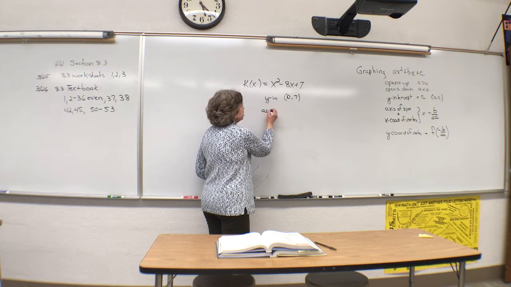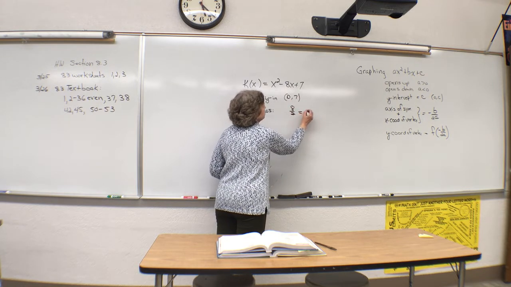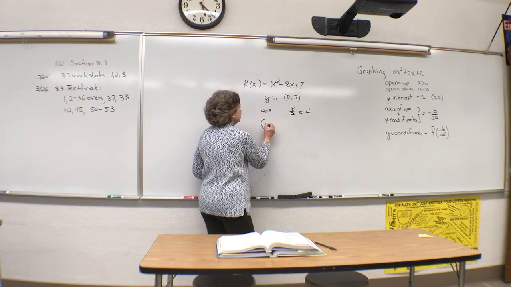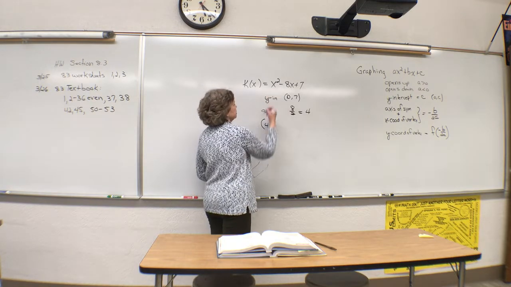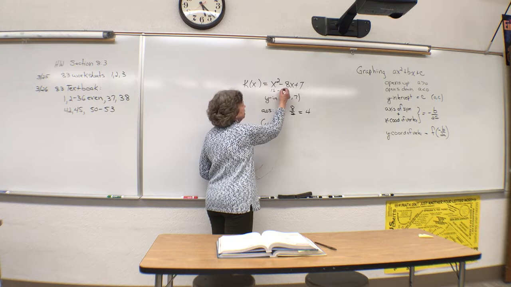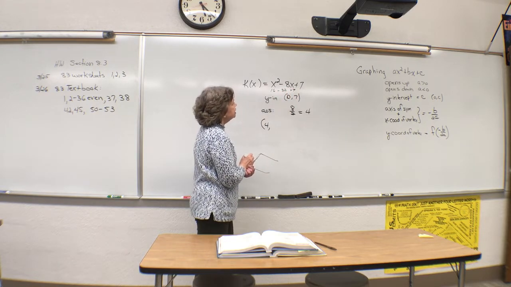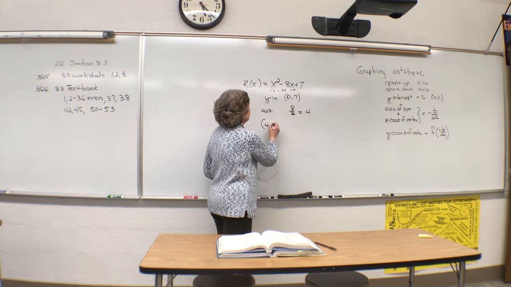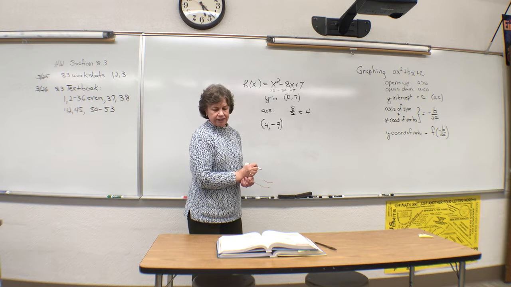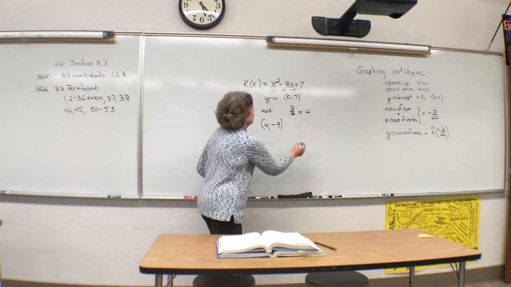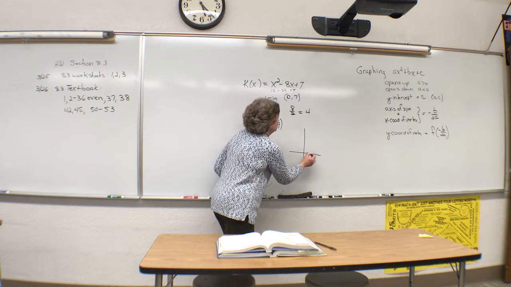My axis of symmetry is minus b over 2a, so 8 over 2, so my axis of symmetry is 4. That's also the x-coordinate of the vertex. To see what the y is, we're going to plug it in, so 16 minus 32 plus 7 is negative 16, plus 7 is negative 9. So I have a vertex at 4, negative 9, and when we graph it, I have an axis of symmetry at 4.